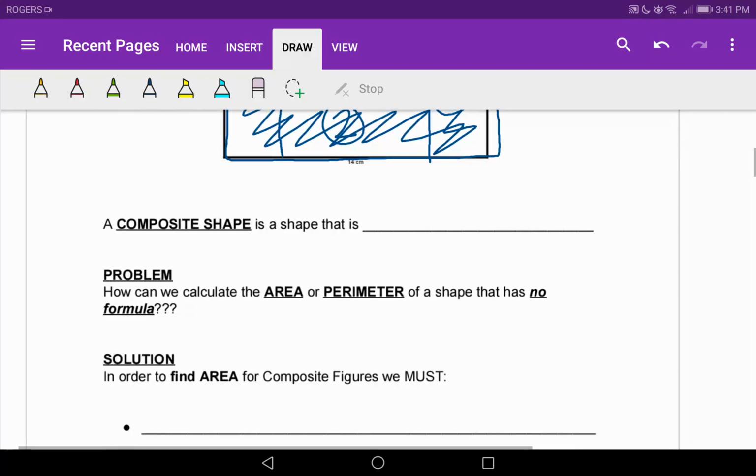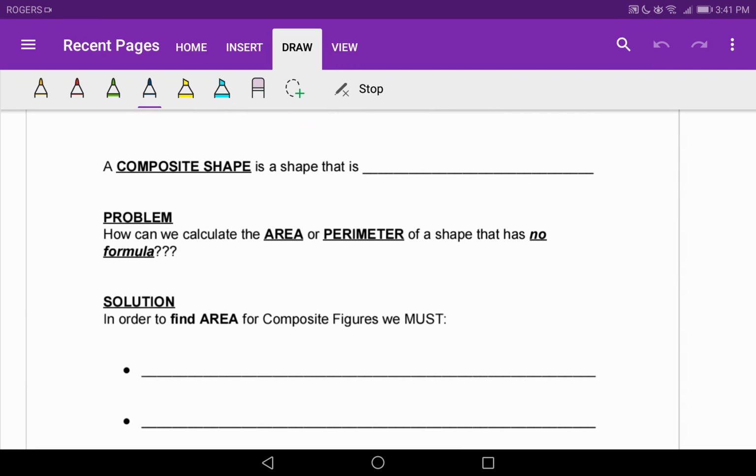All right, so let's just fill in this little note section here to just write down what I had just said. So a composite shape is a shape that is made up of multiple basic shapes.